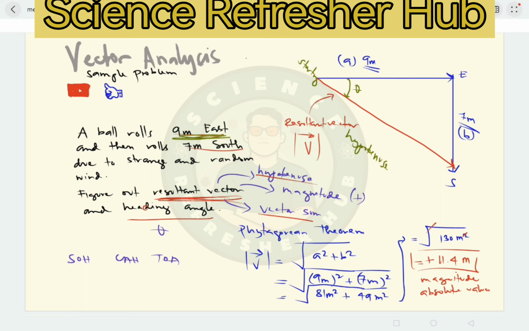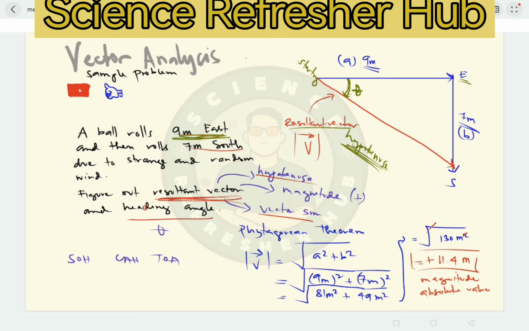And again and again, your resultant vector will always be the hypotenuse of the right triangle. And of course, we have our desired theta here with respect to the first direction, which is 9 meters east, going east.